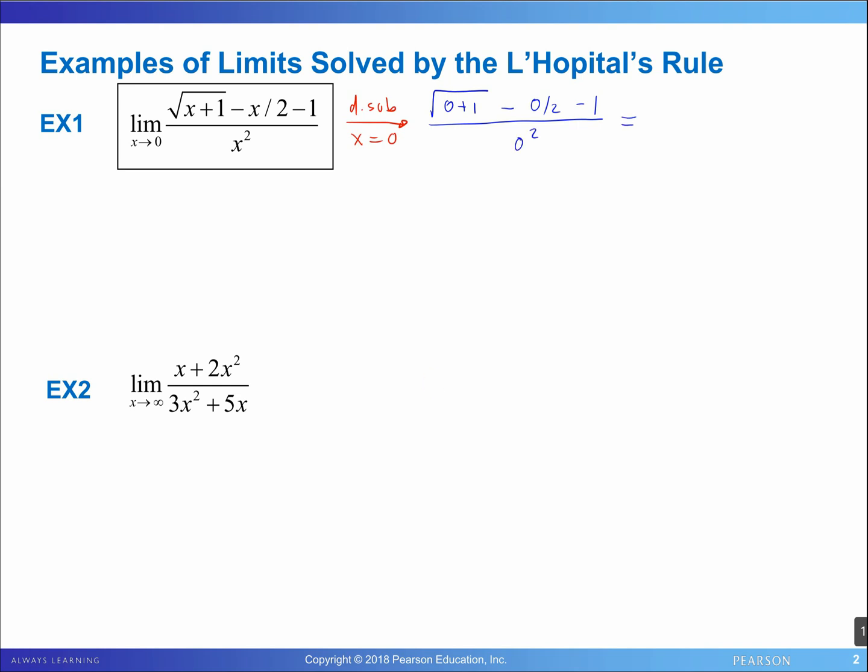So over here we have 1 from the square root minus 0 minus 1, divided by 0, and here we have 0 divided by 0. So we have this form, 0 divided by 0, indeterminate, which also means that we can't tell anything about this.